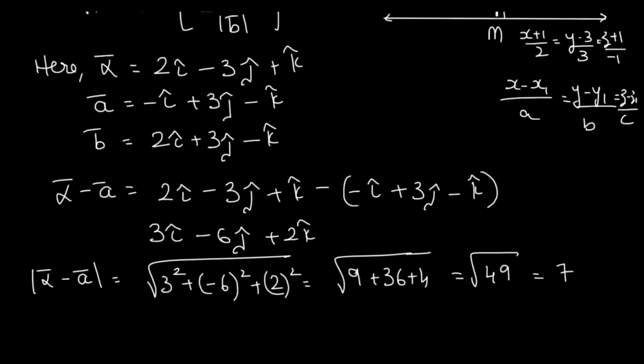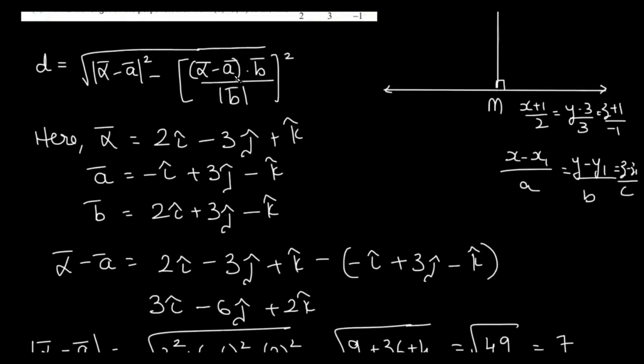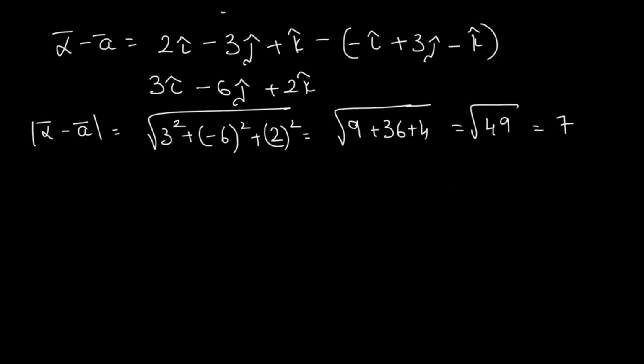Then what else do we require? Looking at the formula, we also require alpha minus a dot b. We already have alpha minus a, we also have b. So alpha minus a dot b can be written this way: 3i minus 6j plus 2k dot b.